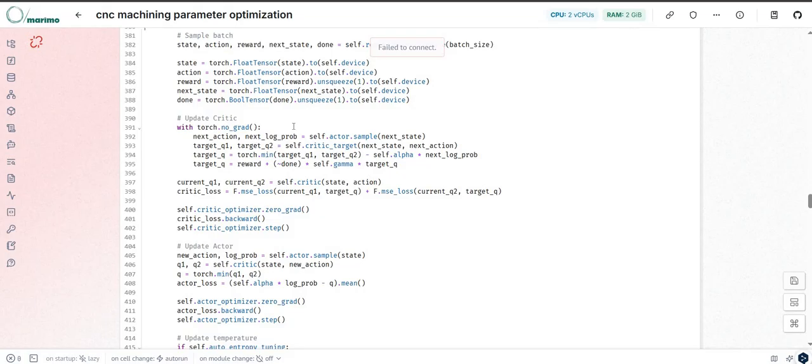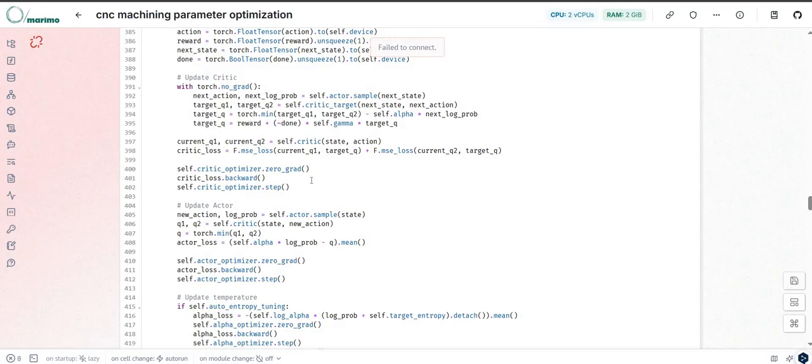These come from the target critic network applied to the next state and next action. The formula is target Q equals reward plus gamma times target Q adjusted with entropy regularization. Then we compare the critic's current predictions with these targets using mean squared error, backpropagate the loss, and update the critic weights.